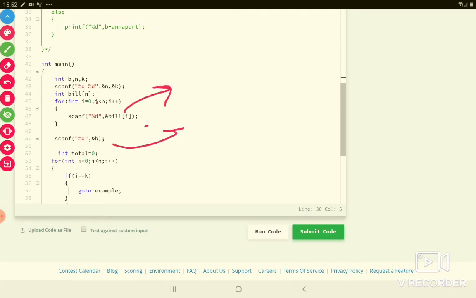Then we get input using the scanf function for the value b, and we initialize a variable total with 0 such that it calculates the amount that should be paid when Anna and Brian are paying together, excluding the element that Anna didn't eat.